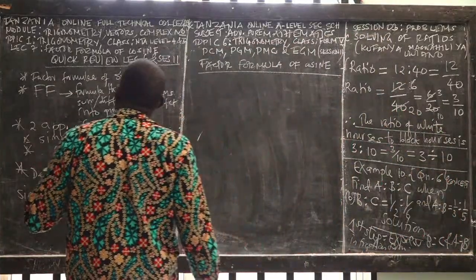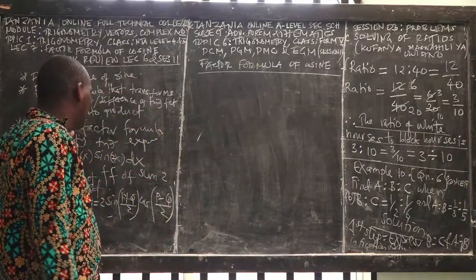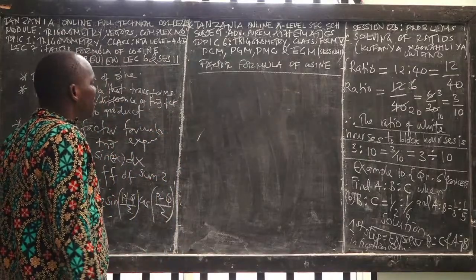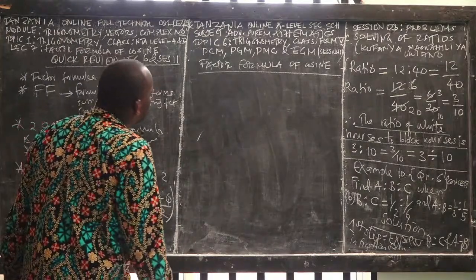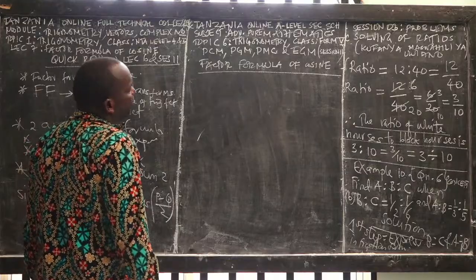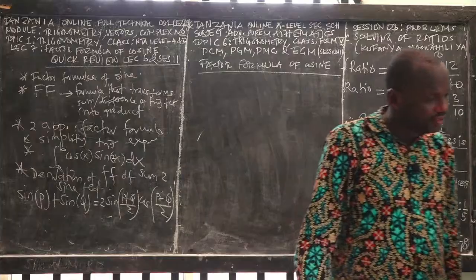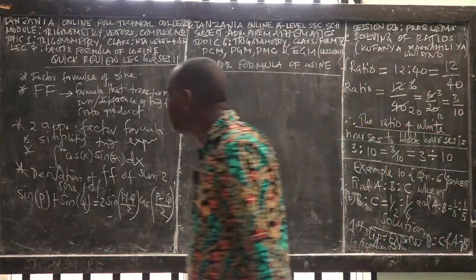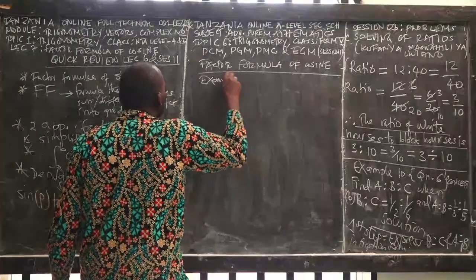Any students who want to know the definition of the factor formula and its application can go to lecture 60 or session 11. That's the goodness of an online platform. So let us go straight forward and let me present the question which is usually asked. This is example 16.